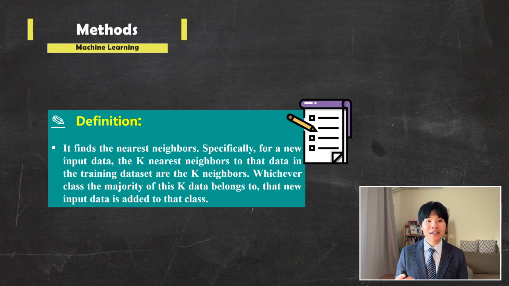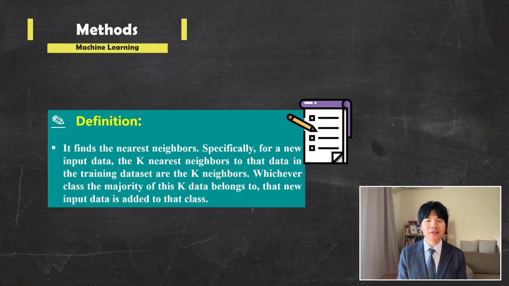Next, let's look at this image. It has 2 types of sample data: blue squares and red triangles. In the middle, there's a green circle, which represents a new data point to be classified. If k equals 3, it means when finding neighbors for the green circle, we look for the 3 closest points.